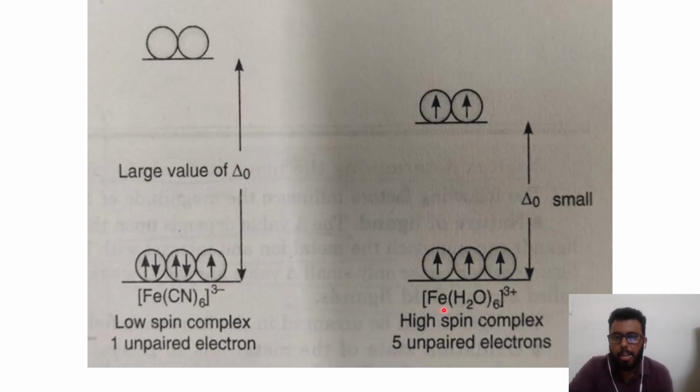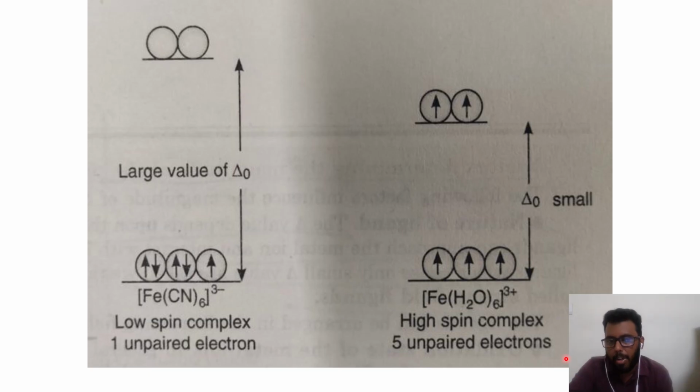Whereas in the case of hexa-aquo ion complex, this is also an octahedral complex. So remember, for any strong field or weak field case, take octahedral and either choose the D6 situation or D5. That will be easy for you to write. And here you can write the first electron, second electron, third electron. Since the gap is small compared to cyanide, fourth will go here, fifth will go here.